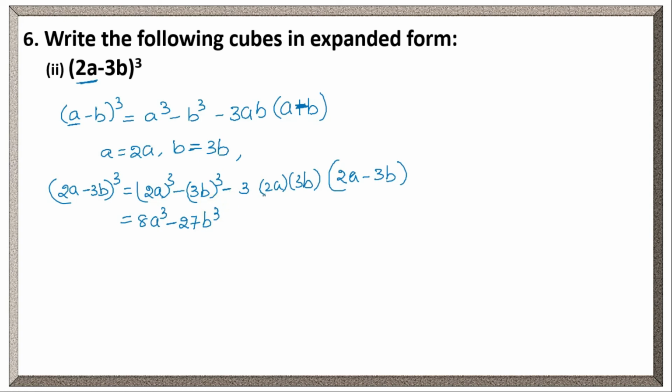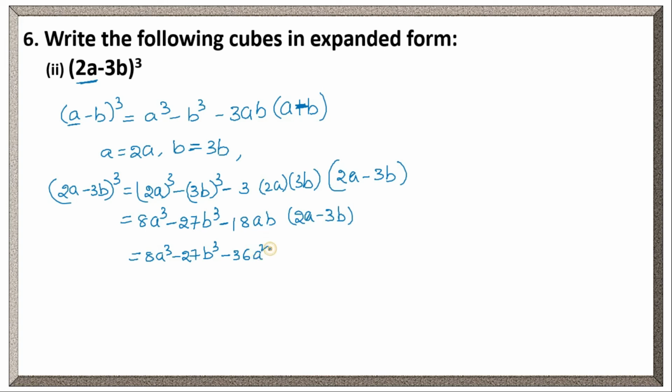Minus 3 into 2, 6. 6 into 3, 18, right? 18ab into (2a − 3b). Clear? Now, if I simplify more, 8a cube minus 27b cube minus 18 into 2, 36 a square b. Here a is there, here ab is there.